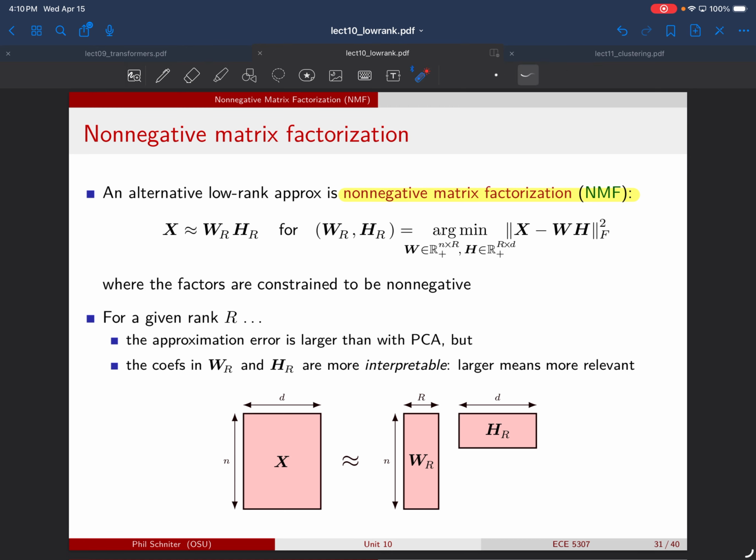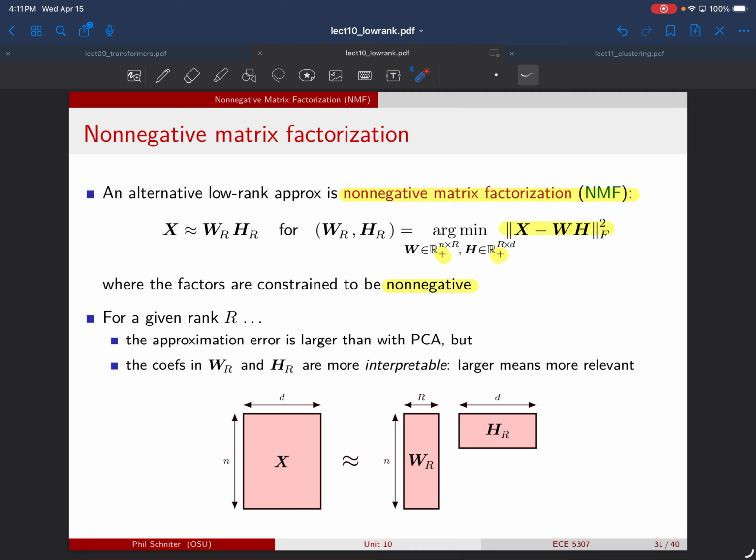We want to take a matrix X and write it as a product of a tall and a wide matrix with a rank of R. So R is the width of this or this. And we want to minimize RSS, just like we did with PCA. But the difference is that we want these matrices to be non-negative, so no negative entries.